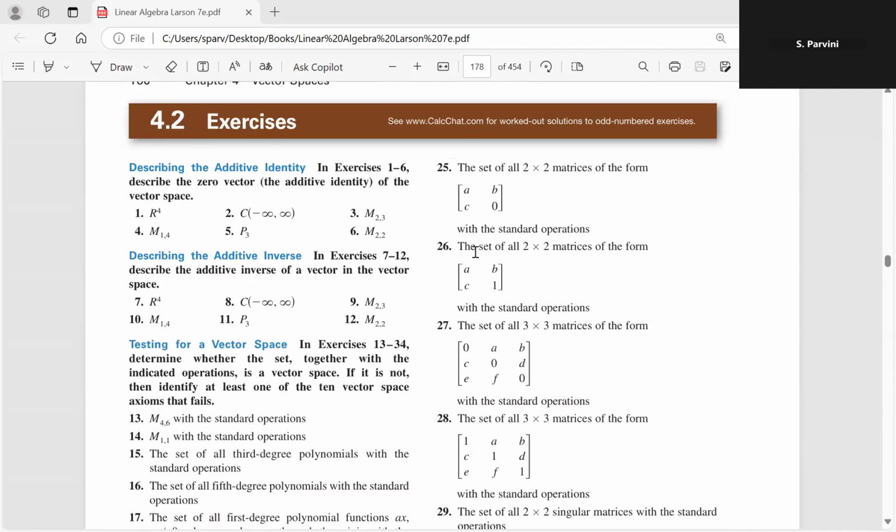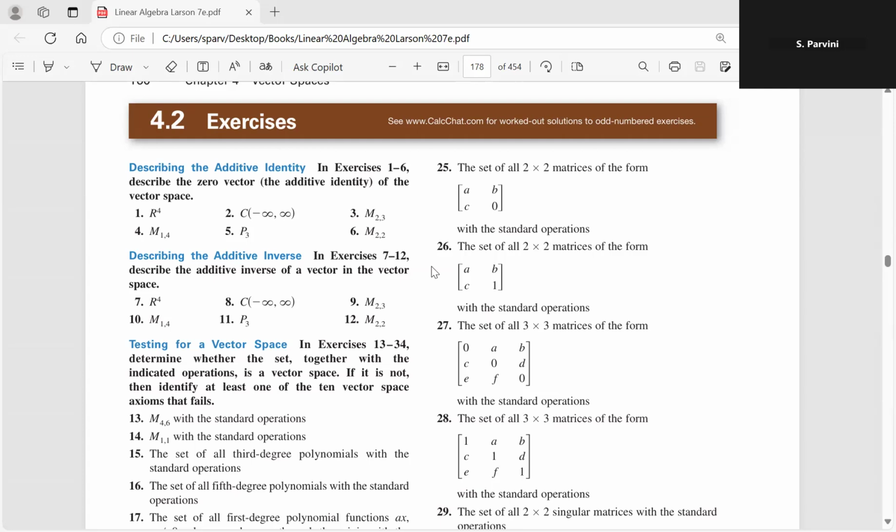In number 26, we're looking at the set of all 2 by 2 matrices of this form. This has to be the form. So let me write this one, number 26. We have the set of all 2 by 2 matrices in the form A, B, C, not D. Instead of D, the element in the second row, second column is always 1.